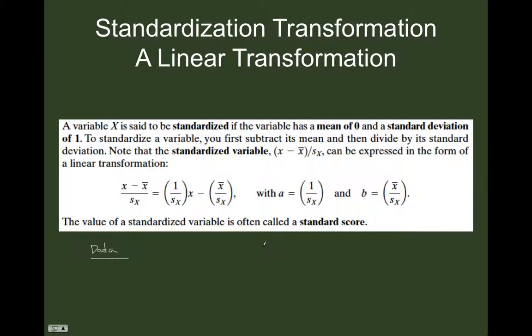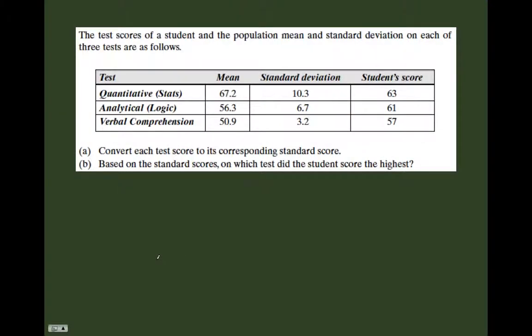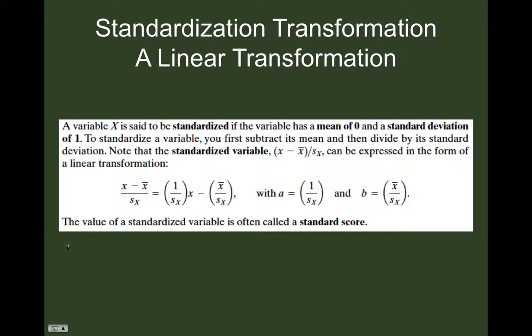All right, so I want to look at this in 2 different ways. We've got the data, and then we've got the population. And more in this class, we're going to move towards inferential statistics, which deals with the population. But in Chapter 5, the transformation takes this form. Okay, let me rewrite that. So data, and then we have population.